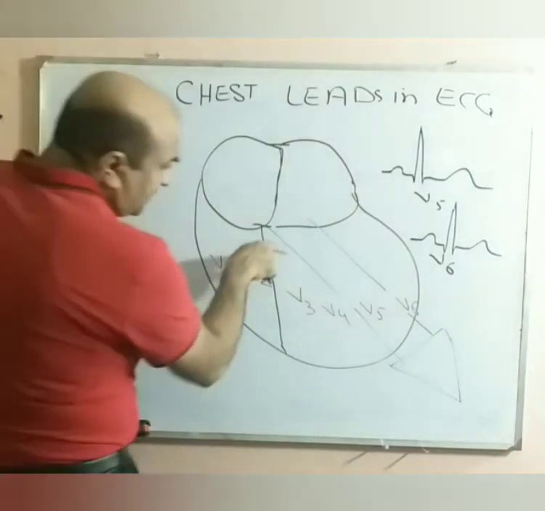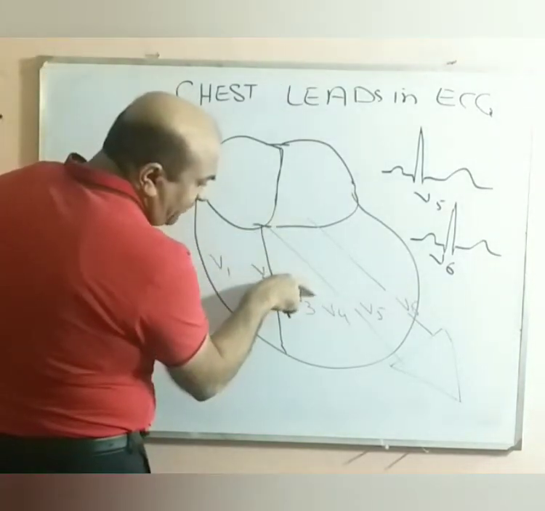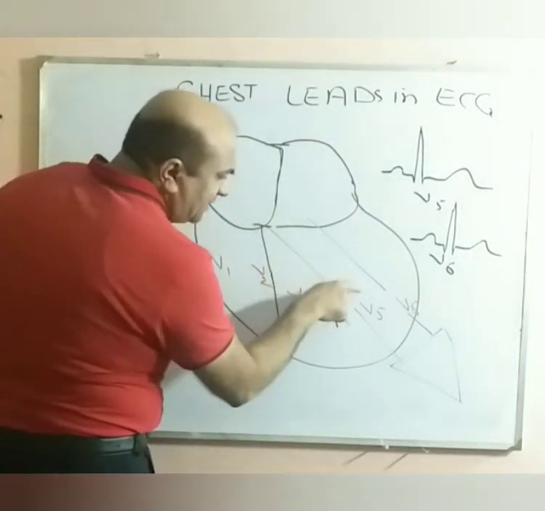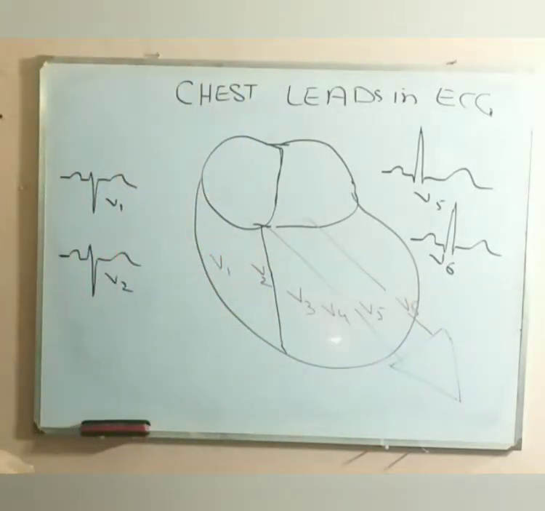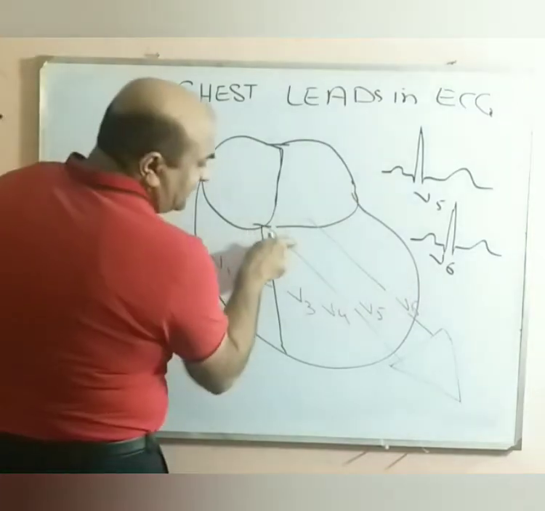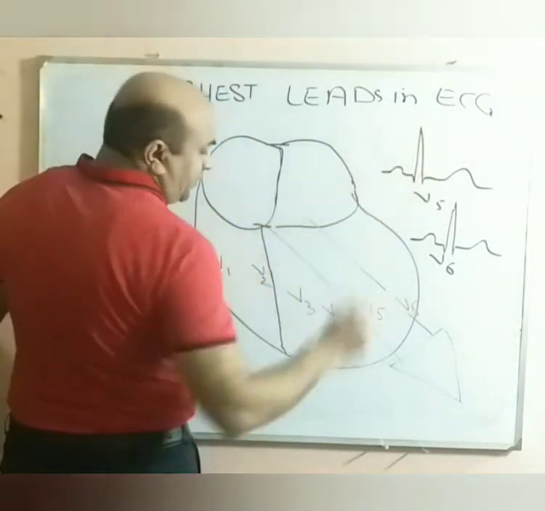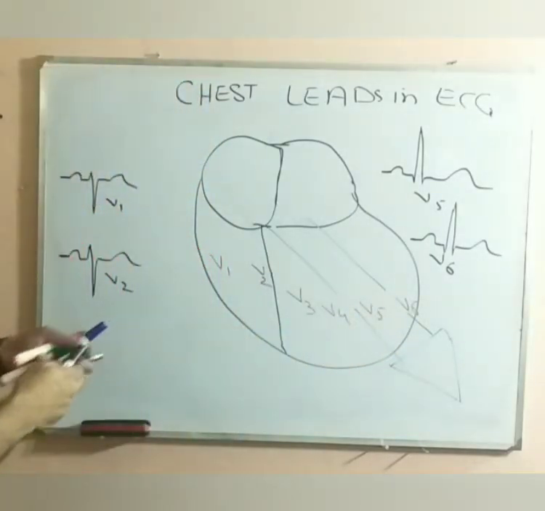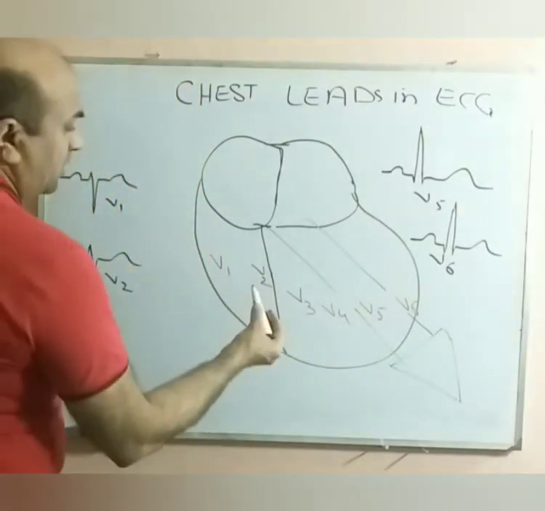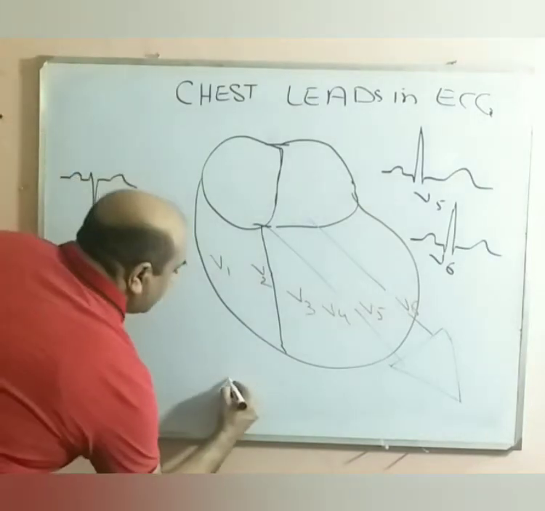So they see the current going towards them, and then they see the current going away from them. When the wave of depolarization or electrical activity is going towards any lead, it generates an R wave. When it is going away from them, it generates an S wave. So leads V3 and V4 are as much positive as they are negative.